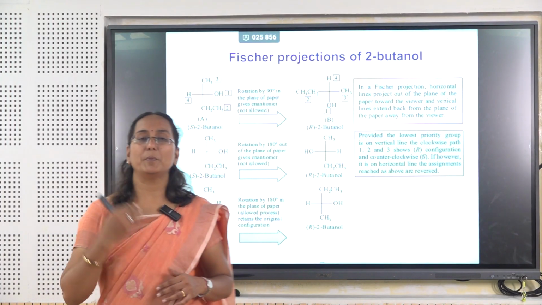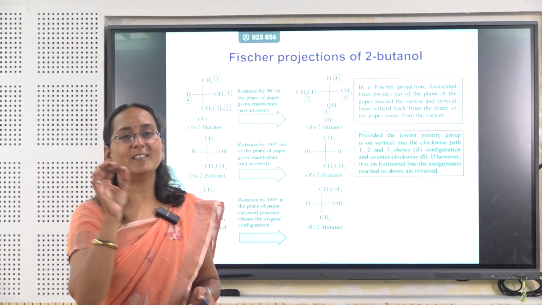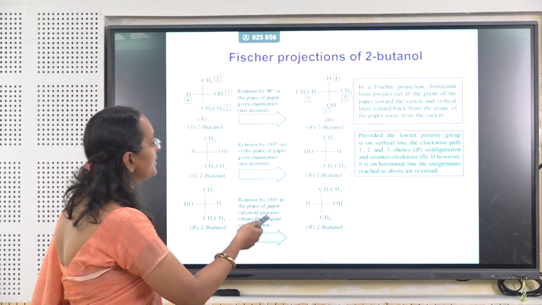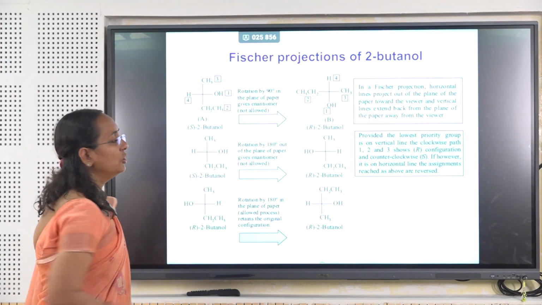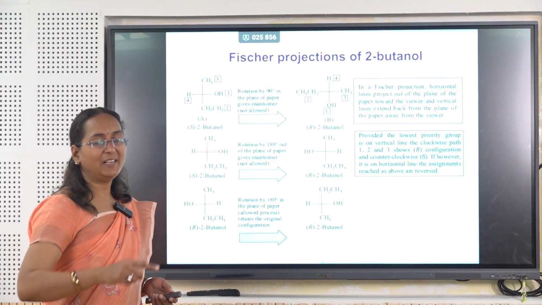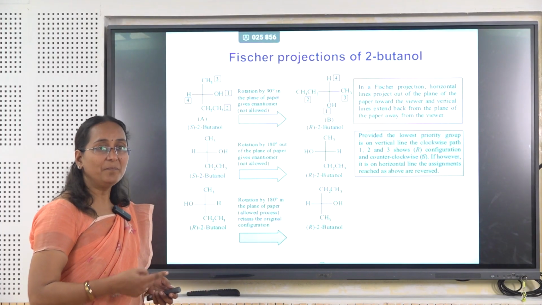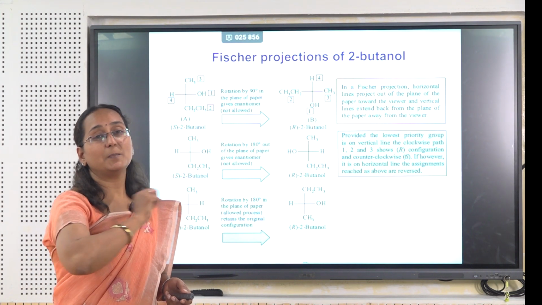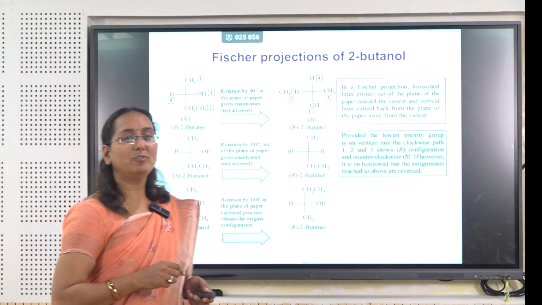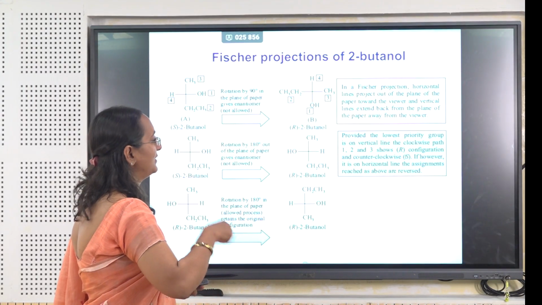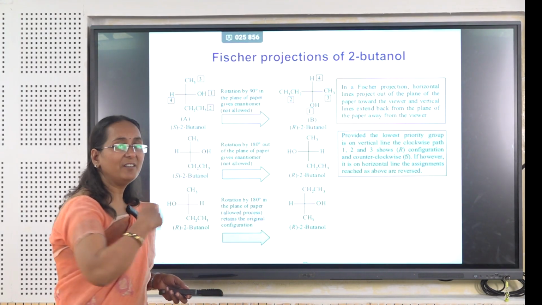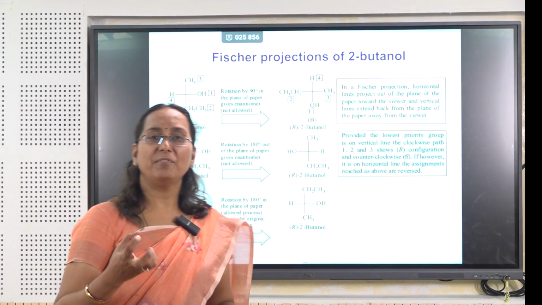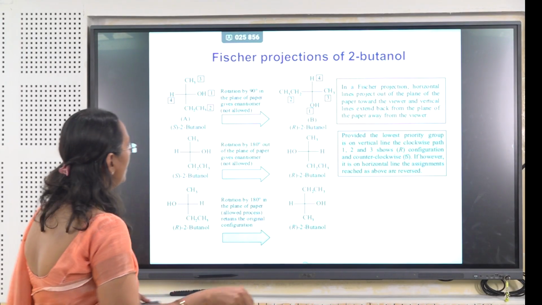If the fourth priority group is on the horizontal line, you have to reverse whatever you get, meaning R will change into S configuration and S will change into R configuration.